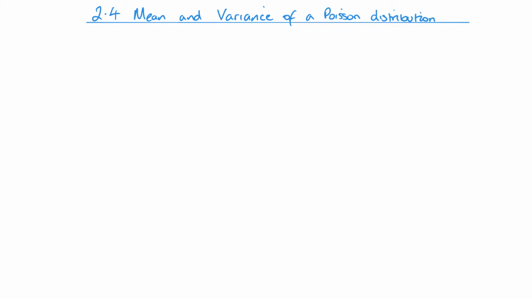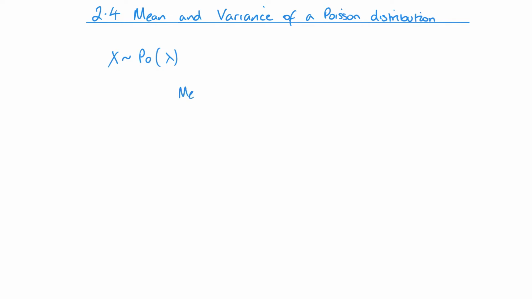Welcome to this video on mean and variance of a Poisson distribution. The first thing you need to know is that if we look at the Poisson distribution, we have our parameter, which is lambda. What is special about a Poisson distribution is that its mean and variance are the same.